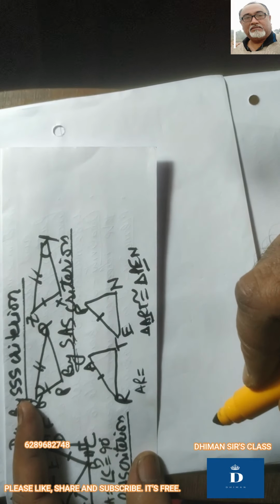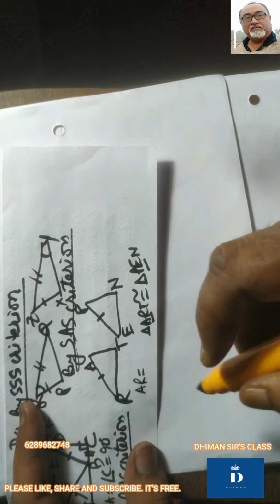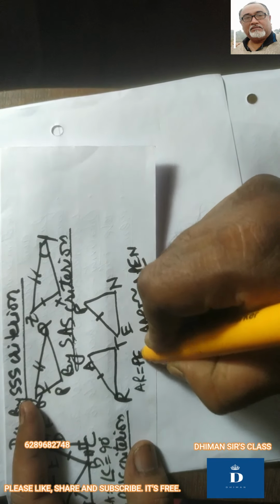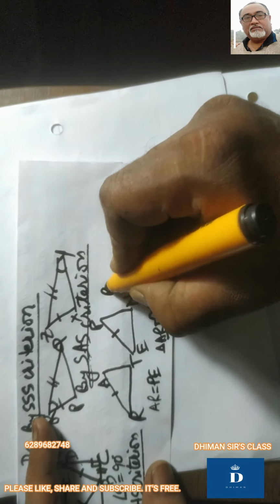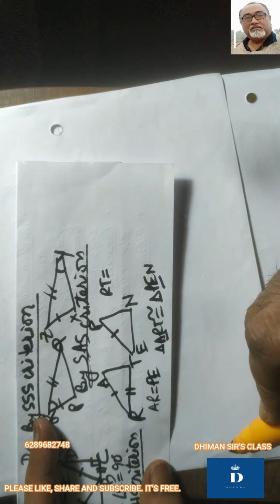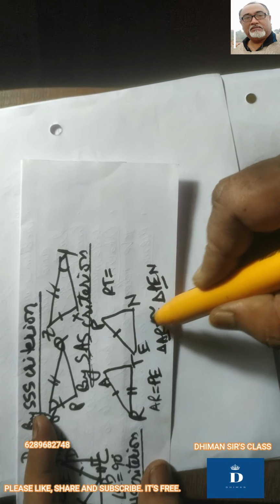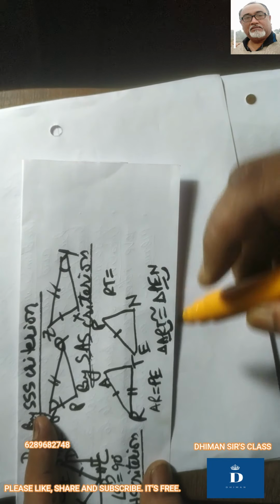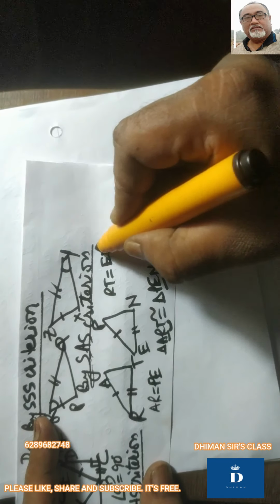Next, RT will be equal to EN. So you will write EN here.